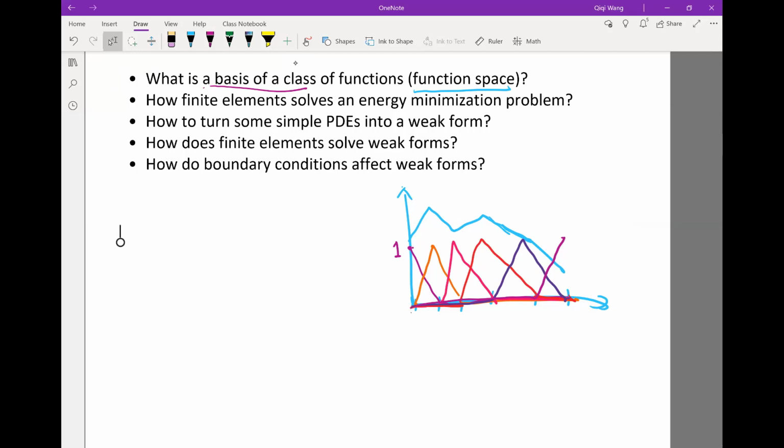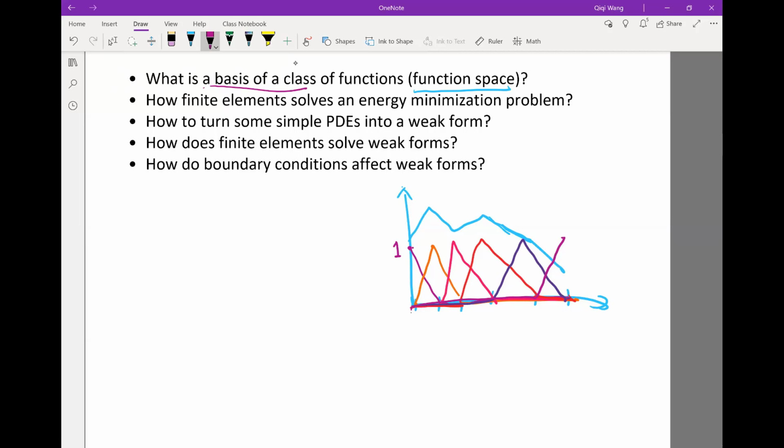Then I turn that optimization problem over functions into an optimization problem over the unknown coefficients multiplied on these basis functions. I can then derive the objective function in terms of these unknown coefficients and solve this optimization problem by taking the derivative with respect to the unknown coefficients.